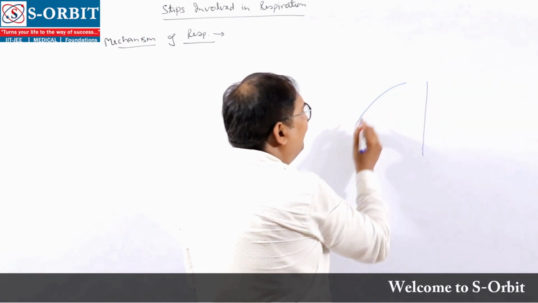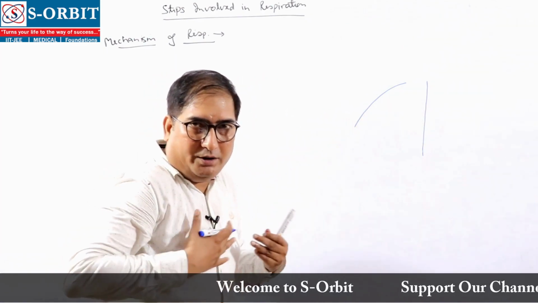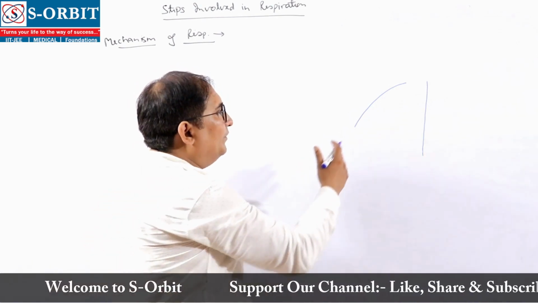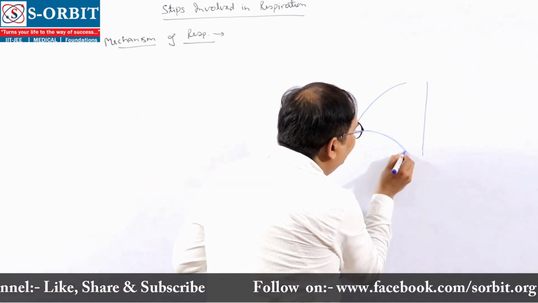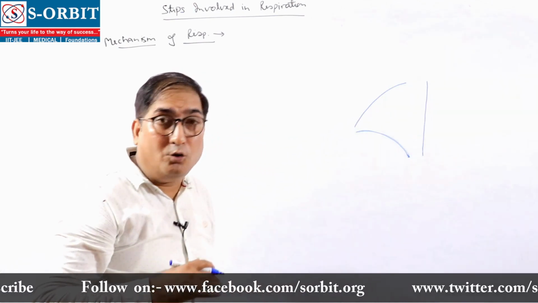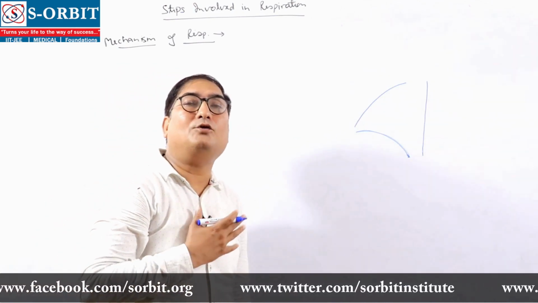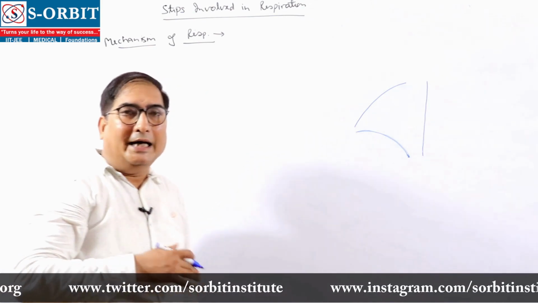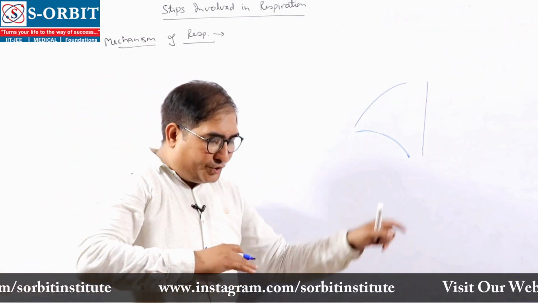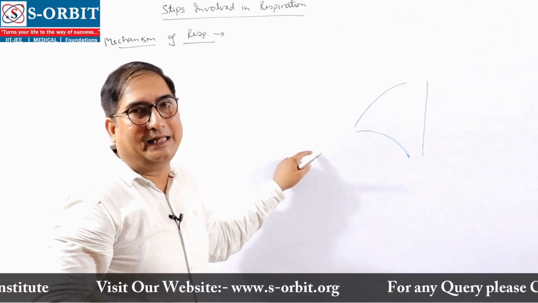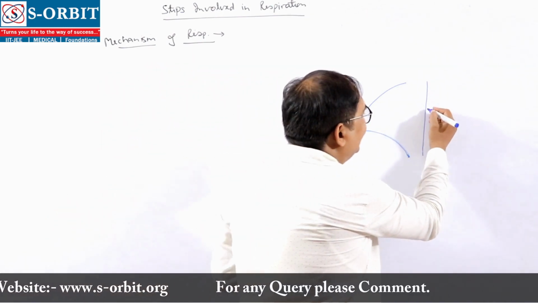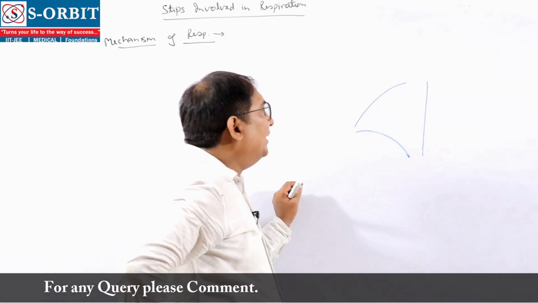The rib cage makes the ventral wall of the thoracic cavity, while the diaphragm is a dome-shaped structure that separates the thoracic cavity from the abdominal cavity. It marks the floor of the thoracic cavity, and the vertebral column is present on the dorsal side.